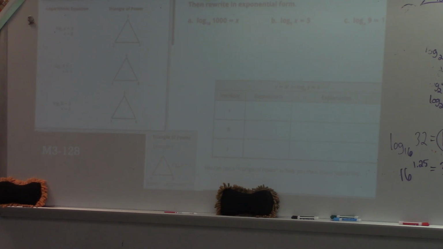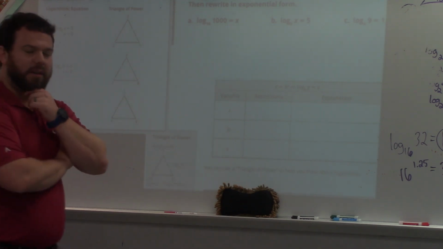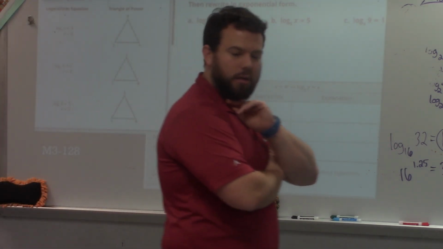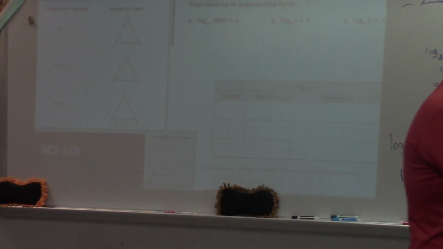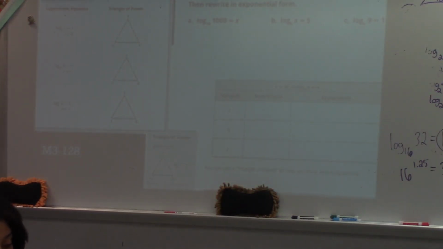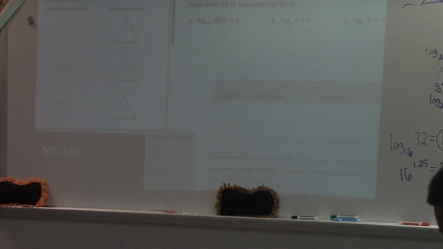Number 2 is 129. Okay? Think about how you could rewrite those equations to figure out what the value of x is, at the top of 129. Talk with each other and figure out what x is in each of those. You don't have to worry about the triangle of power, that's dumb. Just how are we going to figure out what x is?